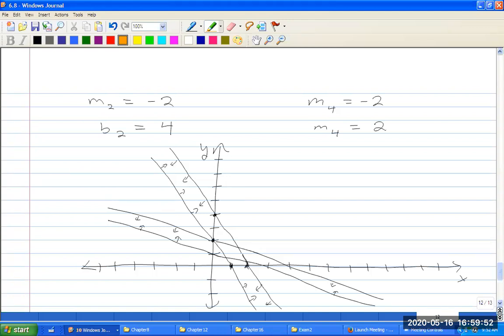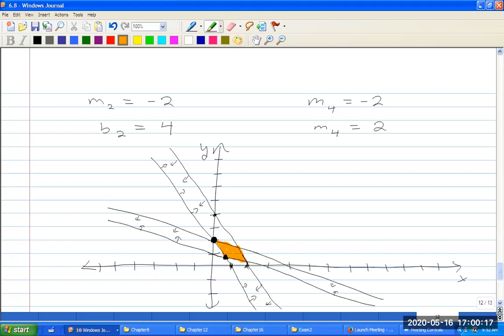So this is my feasibility region. Okay, and so here are the 4. There are 4 vertices.